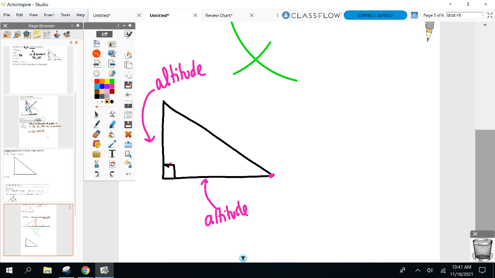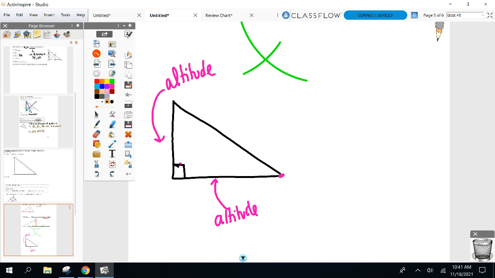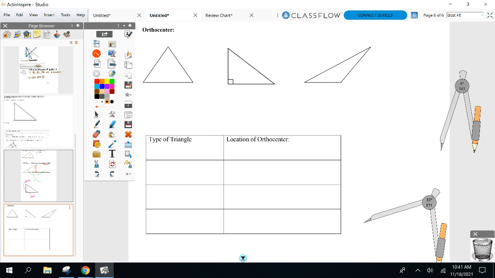Good, good. All right, so going back to my chart here, we said if we ended up drawing all 3 altitudes in a single triangle, they would all intersect at a point. All right, and that point is on your notes right there. The point where all the altitudes intersect is called the, anybody want to try to pronounce that? Orthocenter, yep.